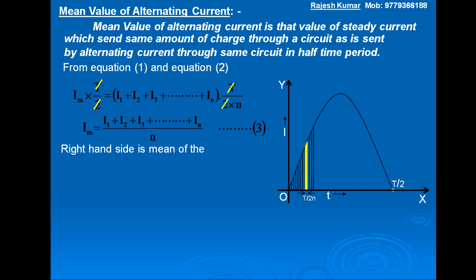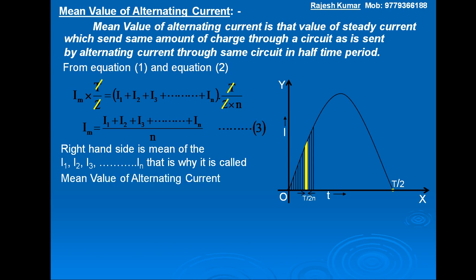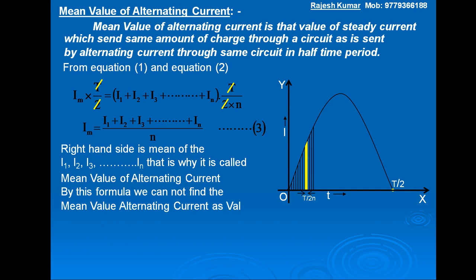Right hand side is mean of the I1, I2, I3 and In. That's why it is called mean value of alternating current. By this formula, we cannot find the mean value of alternating current as values of I1, I2, I3 and so on In cannot be found.